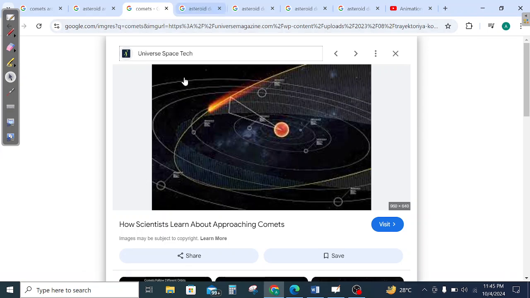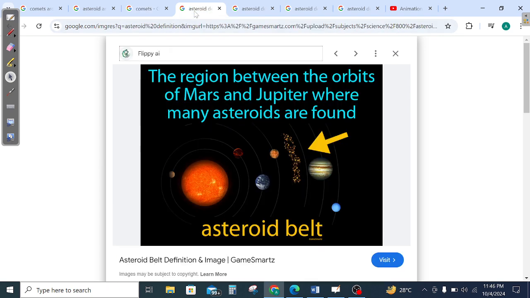So you can see the plane of that orbit is totally different as compared to the plane of the planets of the solar system. It has mentioned the region between the orbits of Mars and Jupiter where many asteroids are found. You can see here, these are the asteroids between Jupiter and Mars.